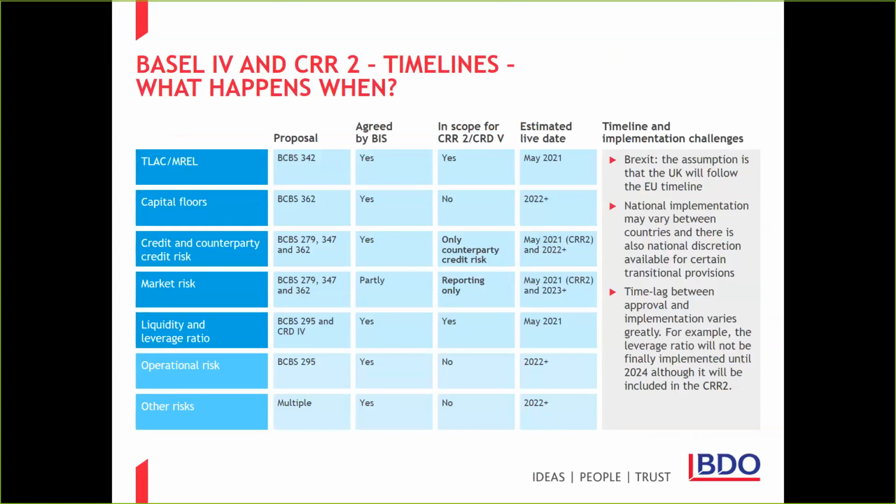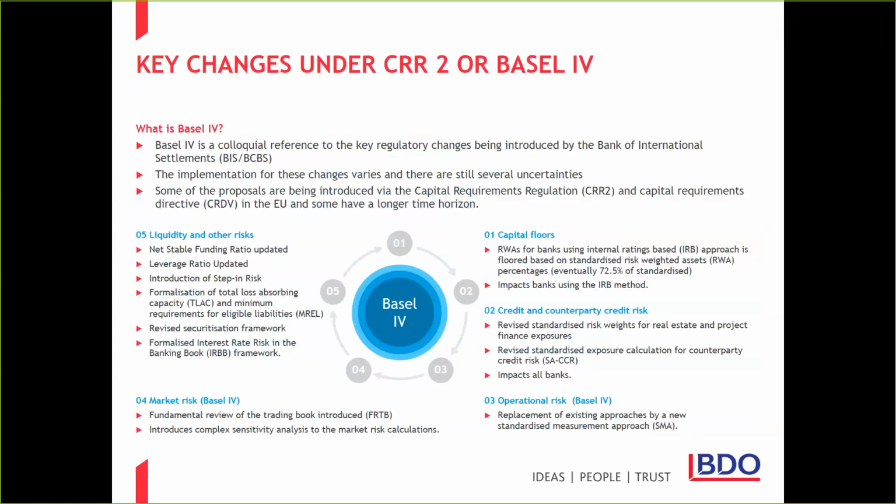What I have here on the next slide is quite a lot of detail, but I think it's useful to give people some good oversight of what these changes are. So we see capital floors, for example. They will come in as part of Basel IV, 2022 plus, which will help firms that are on the standardised approach.